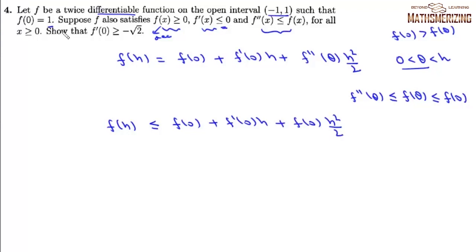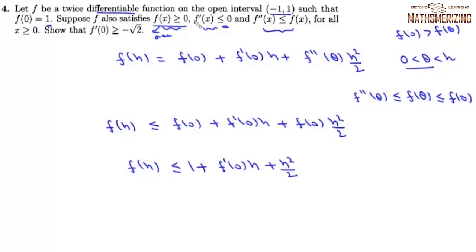Now f0 is 1. So we can write fh is less than or equal to 1 plus f dash 0 h plus h square upon 2.